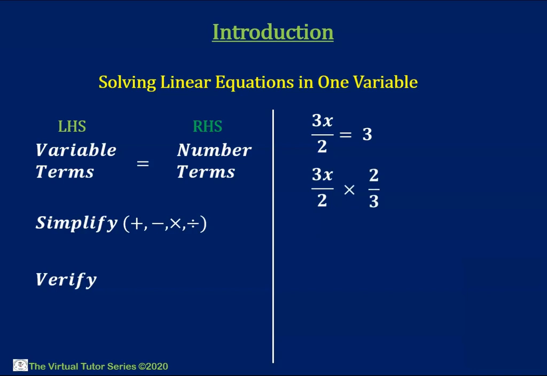As you know already, whatever is done to the left hand side should be done to the right hand side, and vice versa. So we will also multiply the right hand side by 2 over 3. This gives us 3 times 2 over 3.